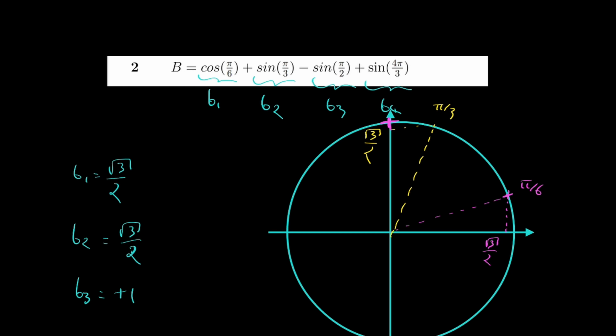So here we've got radius 1 and counting positively for this point. Then sine of 4π over 3. So we count 1π over 3, 2π over 3, 3π over 3, and 4π over 3, which is somewhere here.